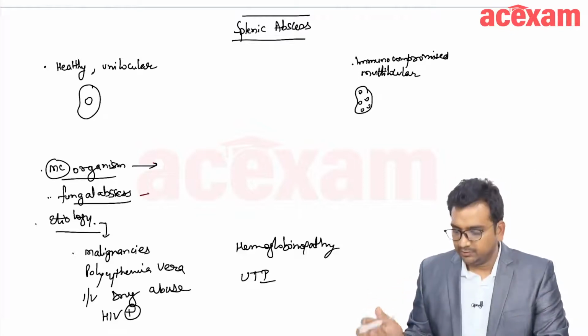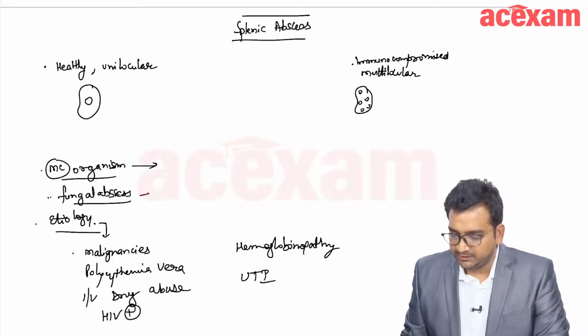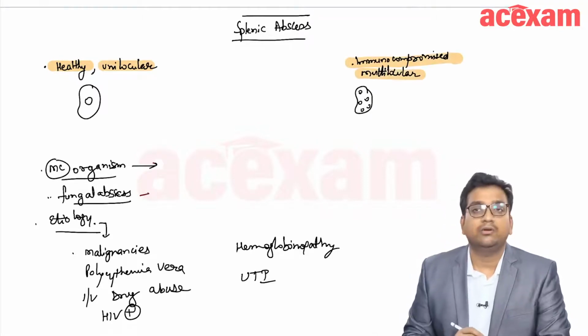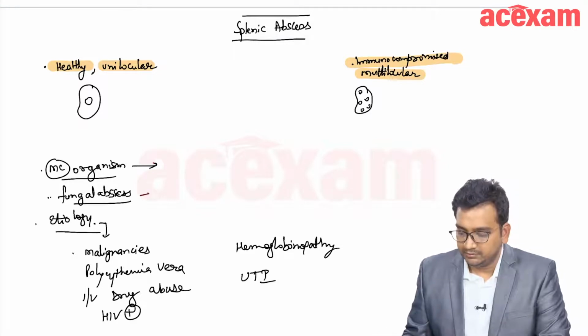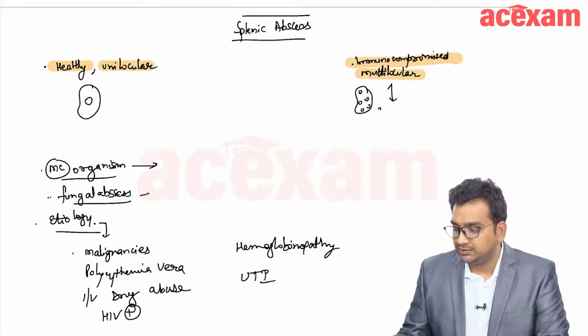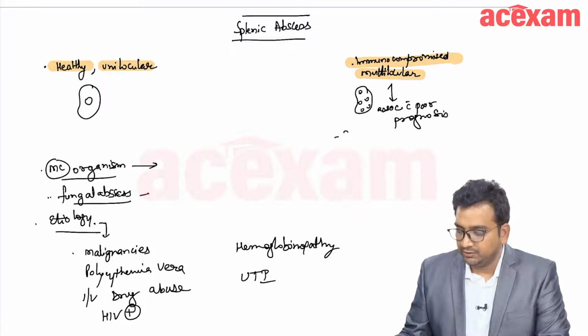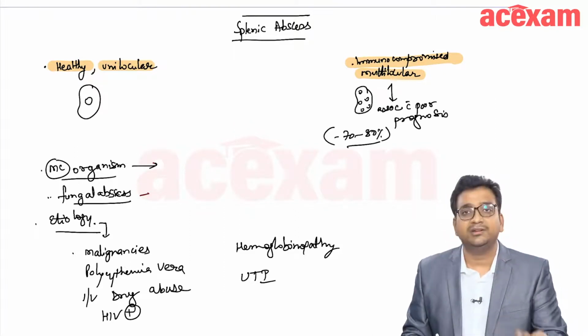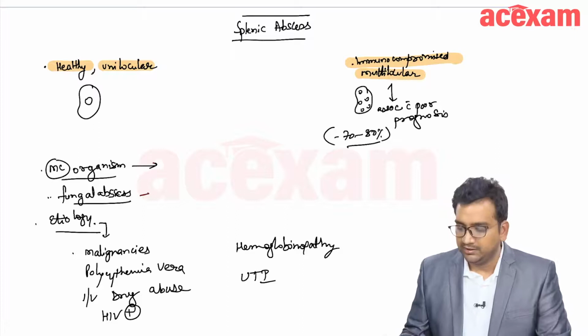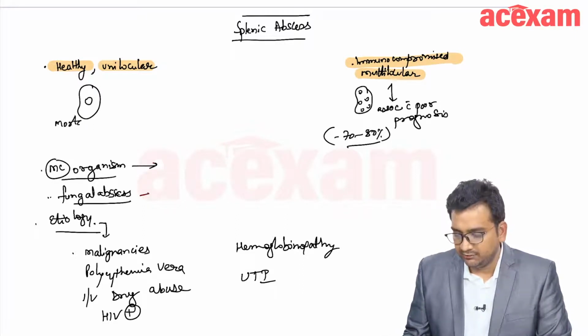The problem with immunocompromised patients and a multilocular abscess is that it is associated with poor prognosis, and the mortality is in the range of 70 to 80% because the patient is immunocompromised and there is multilocular abscess. And when we talk about a healthy patient with unilocular abscess, the mortality is in the range of 15 to 20%.